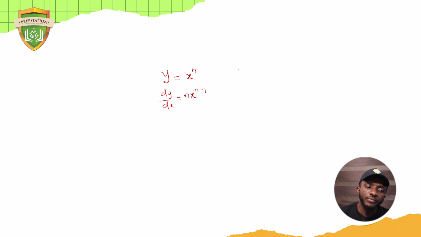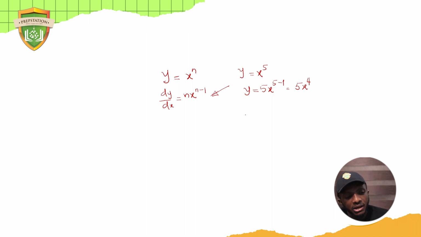For example, if y equals x raised to the power 5, we get 5x raised to the power 5 minus 1, which is 5x raised to the power 4. This is the rule for differentiation. That's how it works.